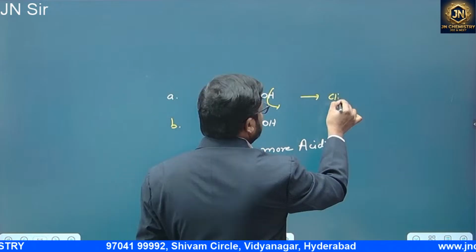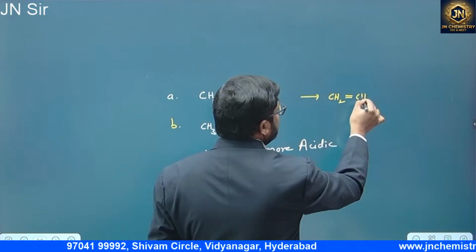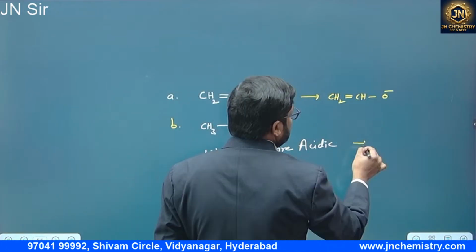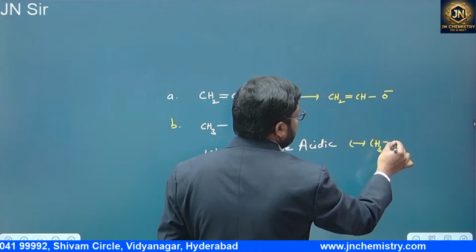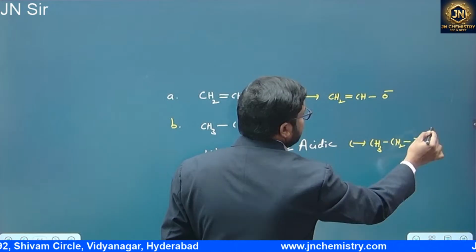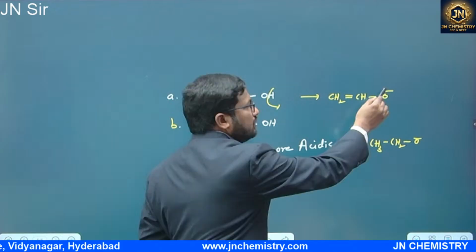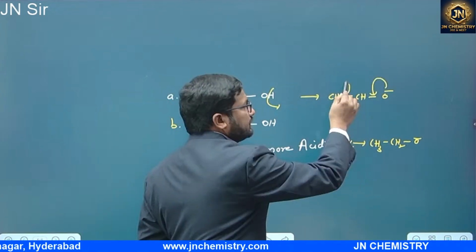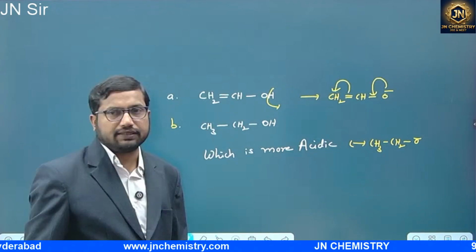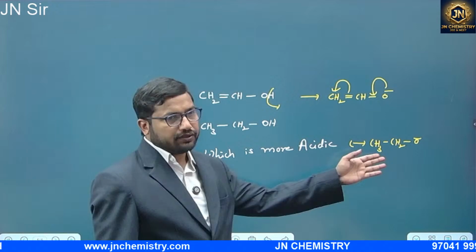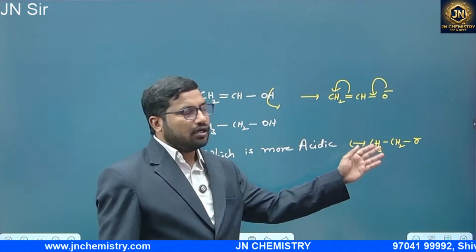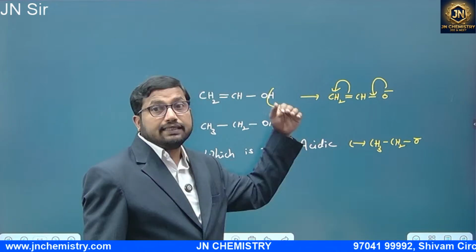We'll get CH2 double bond CH O minus. Here is CH3 CH2 O minus. So this phenoxide, this oxide, is having the resonance, but the other doesn't have the resonance, right? After losing the H plus, it is getting more stabilized.